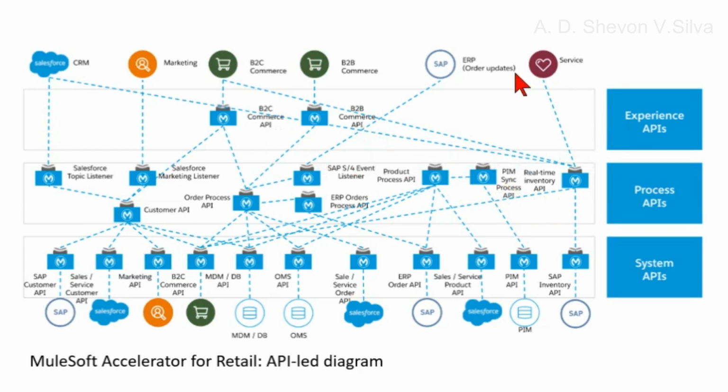Here you can see CRM, Marketing, B2C, B2B Commerce, ERP Order Update Service, and here you can see MDB, OMS, PIM. Here you can see SAP Customer API is connected to Customer API, and Sales Customer API, Marketing API, B2C Commerce API, and MDM DB API are connected to IPS, which interacts with Customer API.